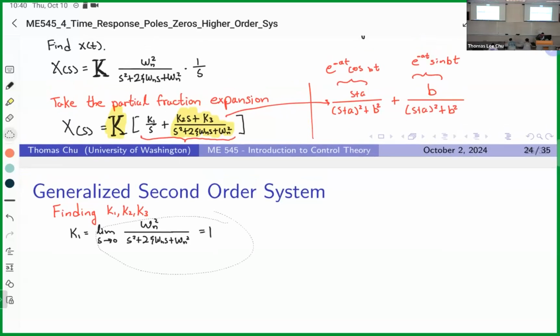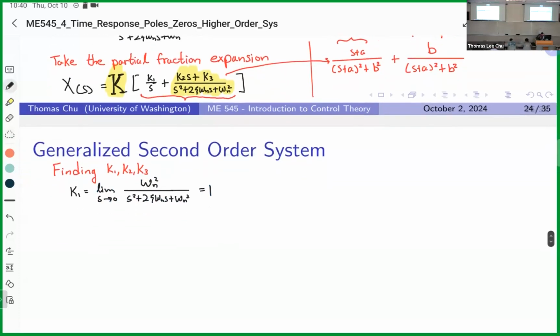Then for K2 and K3, I just cross multiply everything.